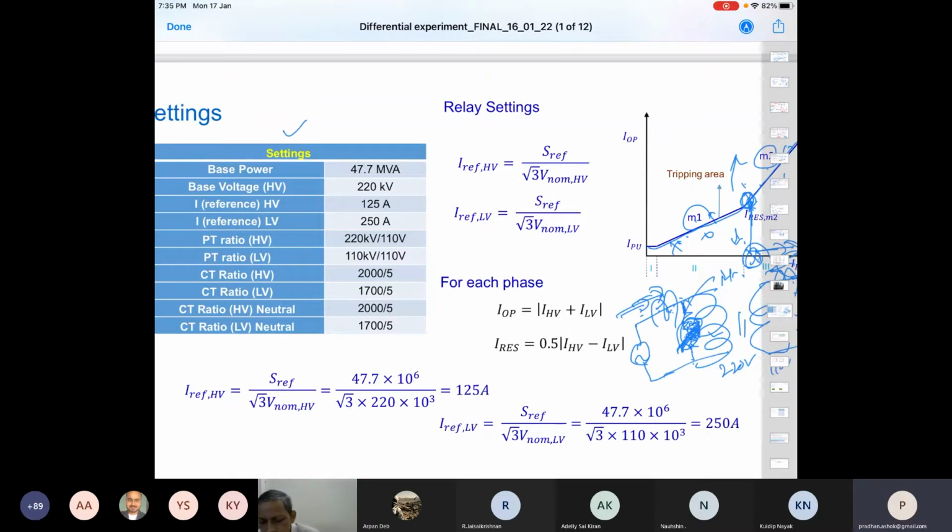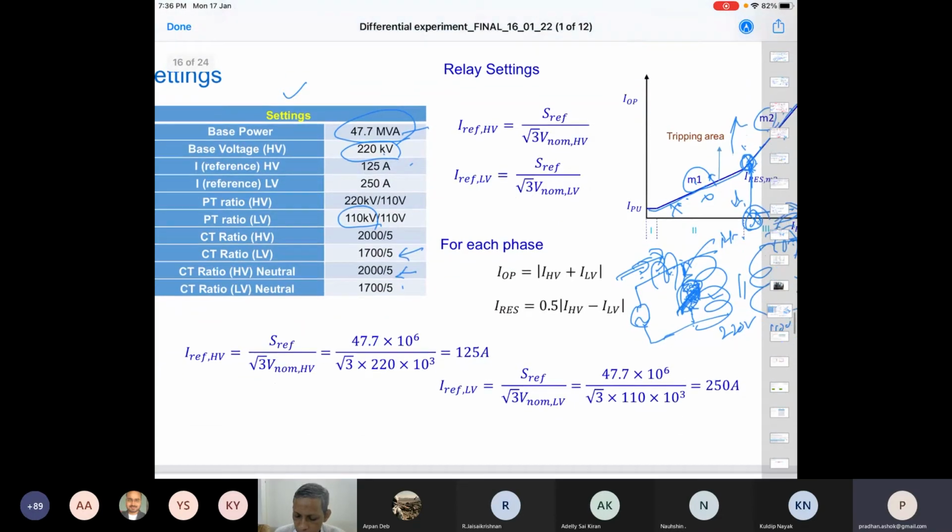The data set which we have kept here is for a larger transformer, which is incompatible with this 220 volt and 110 volt. Here it is 220 volt to 110 volt, whereas the relay is talking about 220 kV to 110 kV. So we scale it for compatibility with the transformer. This is a high voltage application relay, but in a downscaled manner we use it in the laboratory. So the transformer ratings are mentioned like this, and the CT ratios are also in accordance with that.